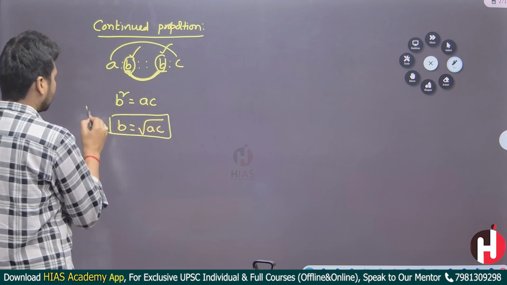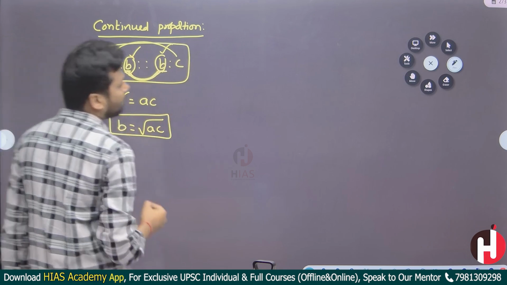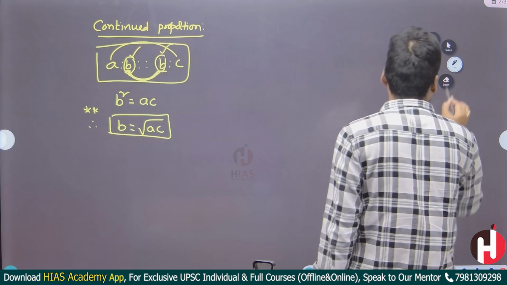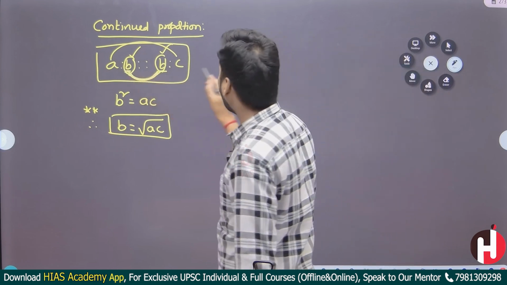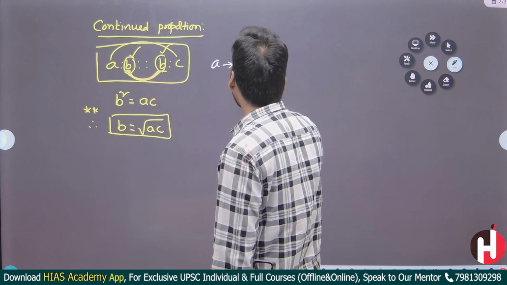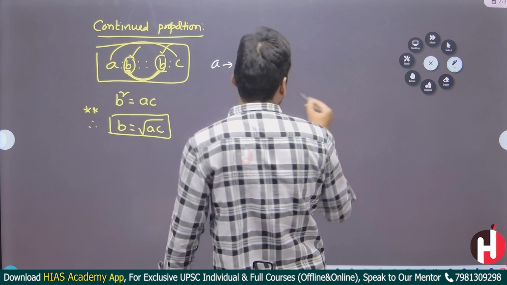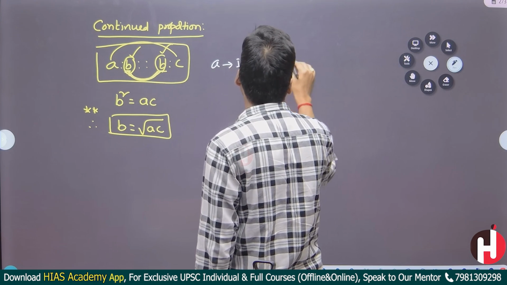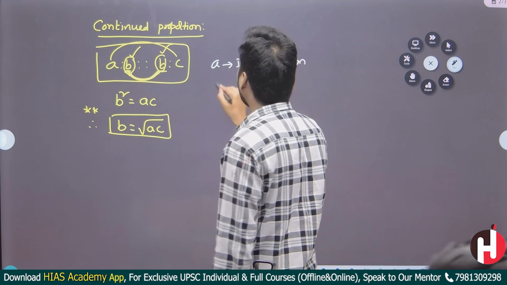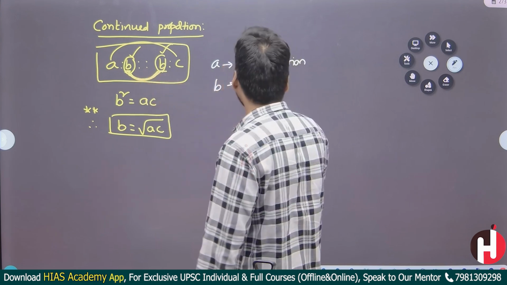Here the terms are called like this in continued proportion. A is called the first proportion. B, the repeated term, is called the mean proportion.